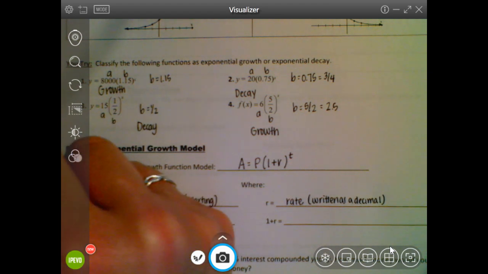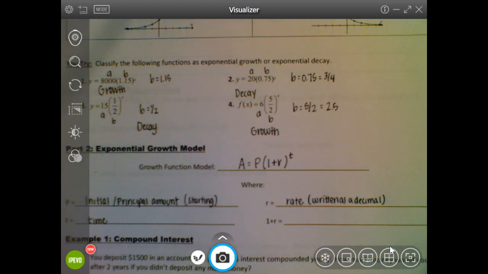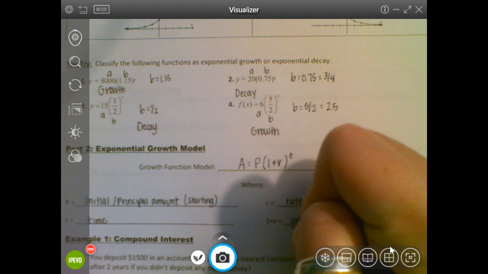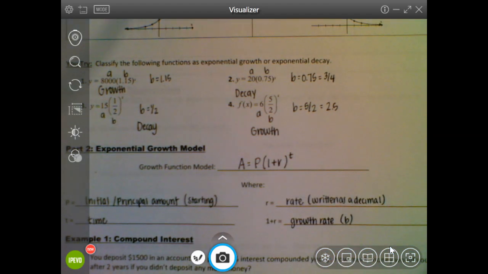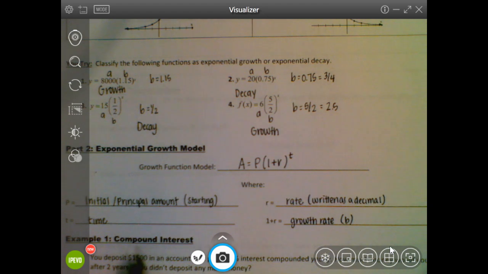T is going to be time. And 1 plus R is representing our growth rate, or in this case, that's really representing the b value of our function. And then A is going to be whatever the amount is that we're ending up with after we calculate all of this stuff.